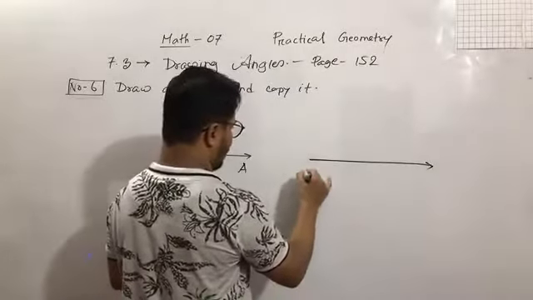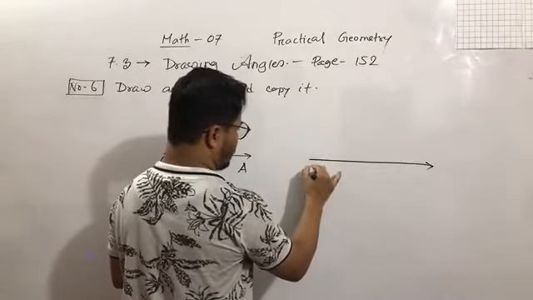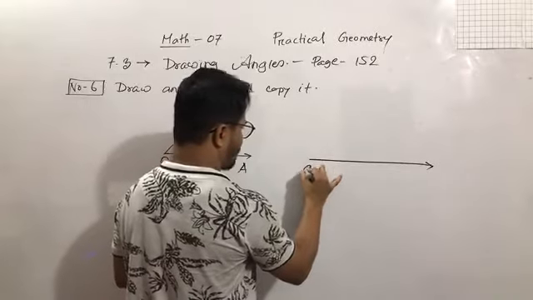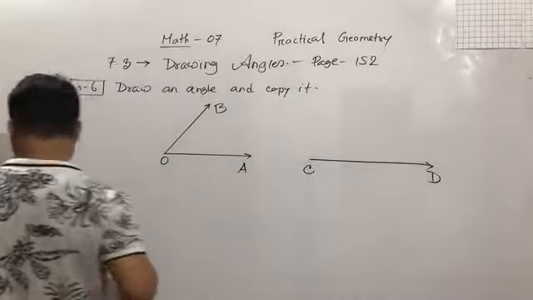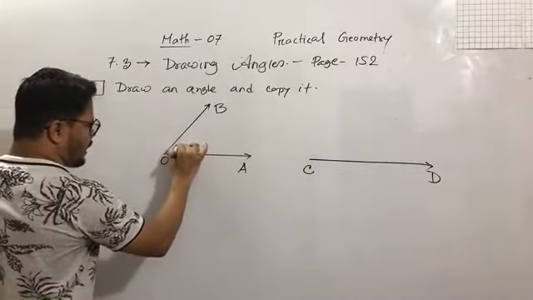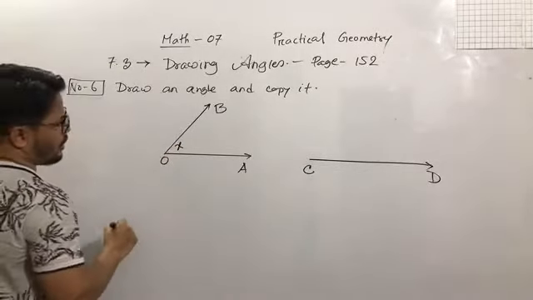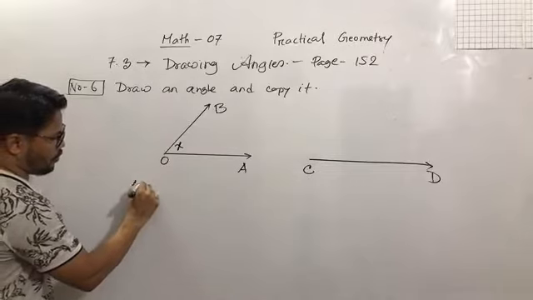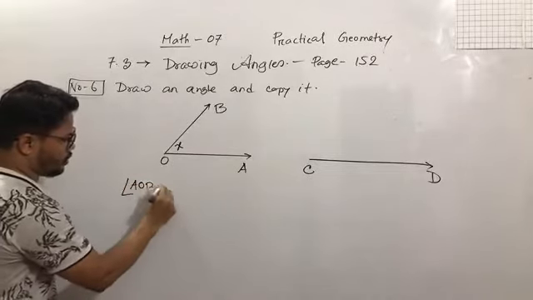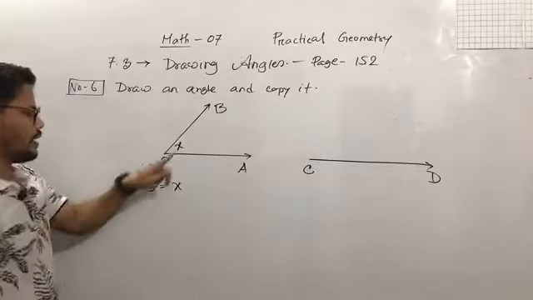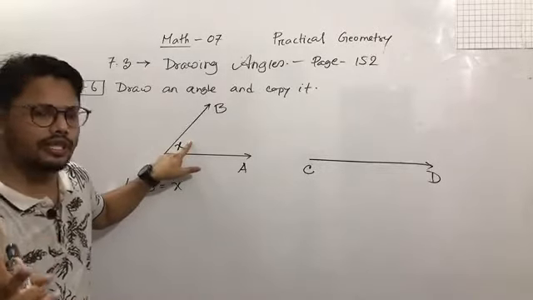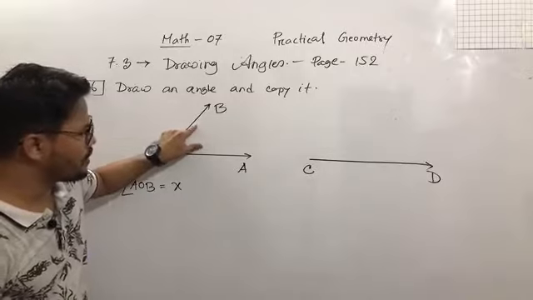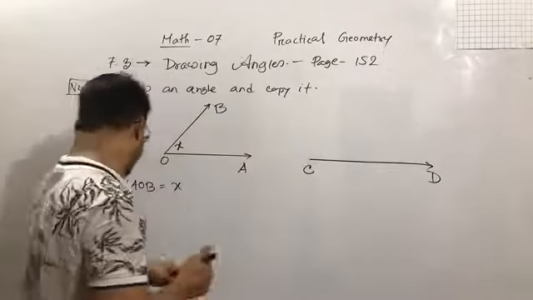You can take here C, D. Now at the point C we will copy the angle X. We can mention here AOB angle as X. X may be 45 degree or 60 degree or 70 degree. We will copy this angle exactly here.